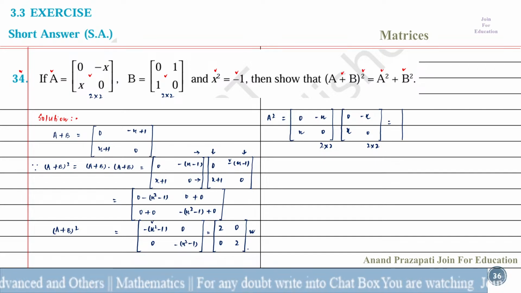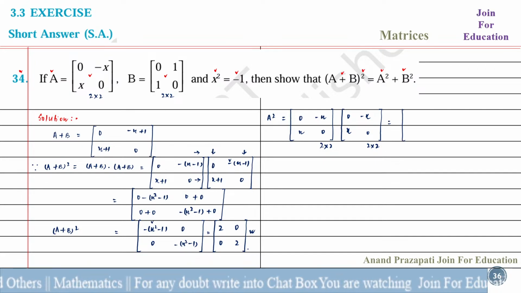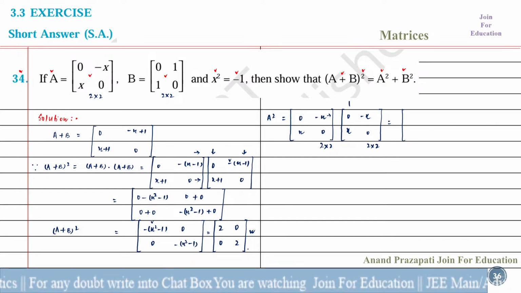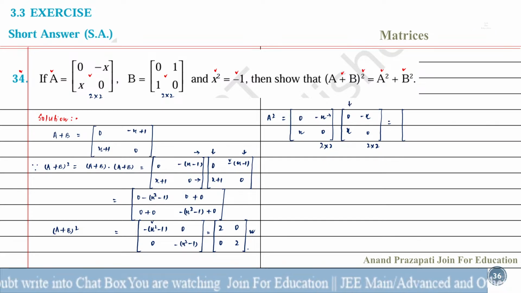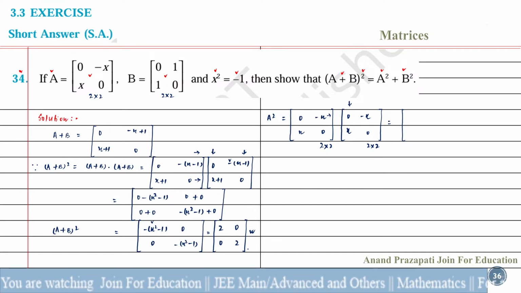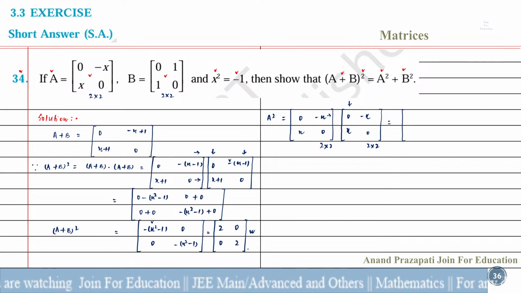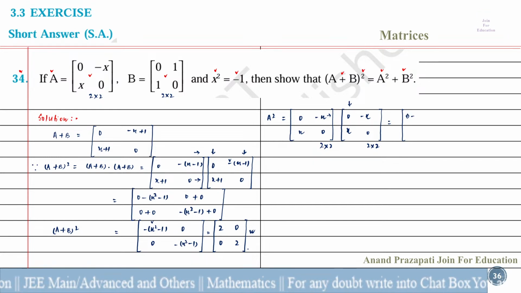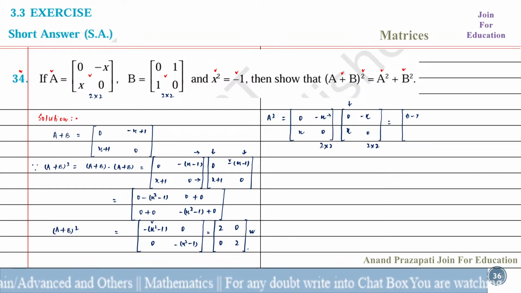So, the product here will be first row along first column. Then we get 0 into 0 equal to 0, minus x into x equal to minus x square. So, we write down here 0 minus x square.